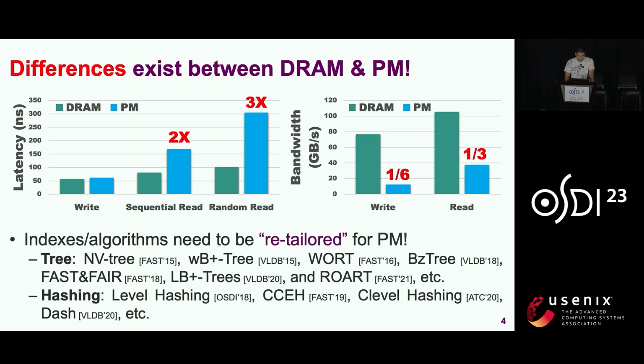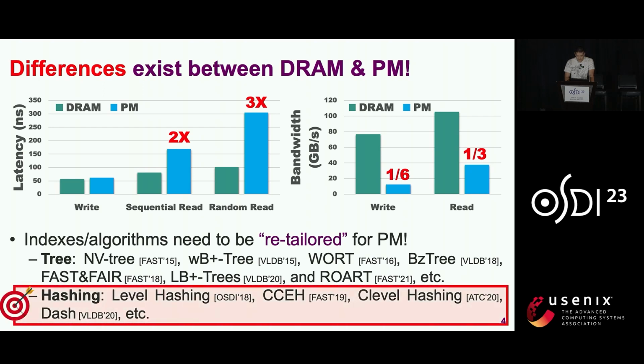Thus, many recent studies advocate retailoring indexes and algorithms for PM, for example, trees and hashing. Today, we are going to focus on hashing because it provides constant-scale query time complexity, which is attractive to in-memory systems, such as in-PM databases.